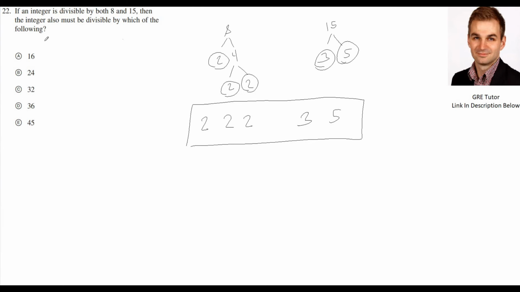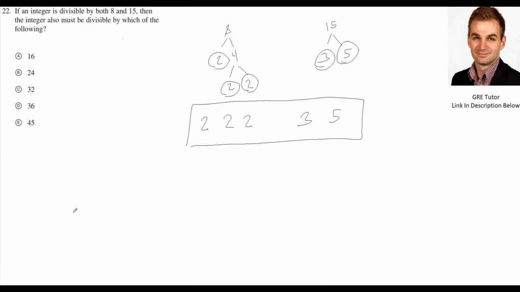If the prime factorization of any of these options is a subset of this, then it is part of the prime factorization of the larger number, and therefore the larger number is divisible by it. So that's what we're looking for.